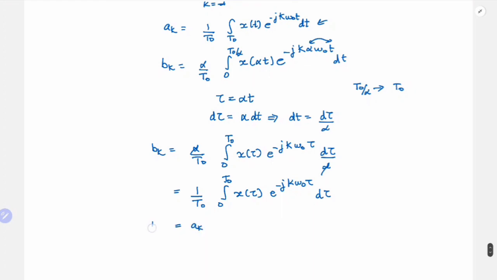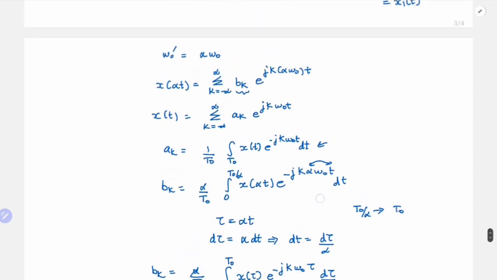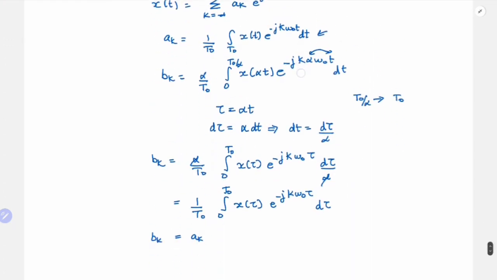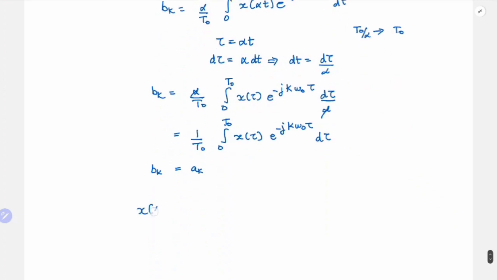So what do we conclude? The Fourier series coefficient itself does not change, but since the period is changing, we are supposed to change it here. So x of alpha t is nothing but the summation k equal to minus infinity to infinity of ak e power jk alpha omega naught t.